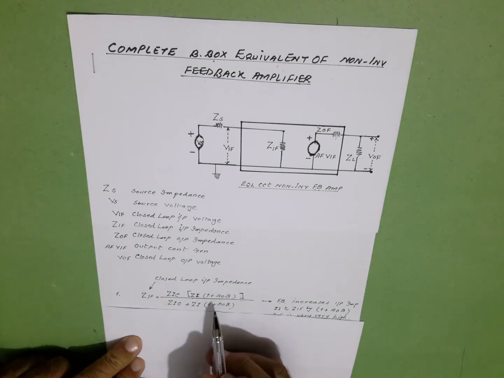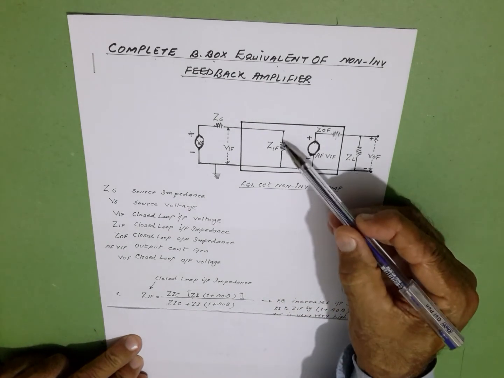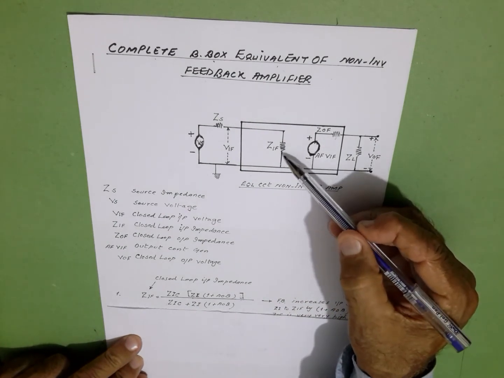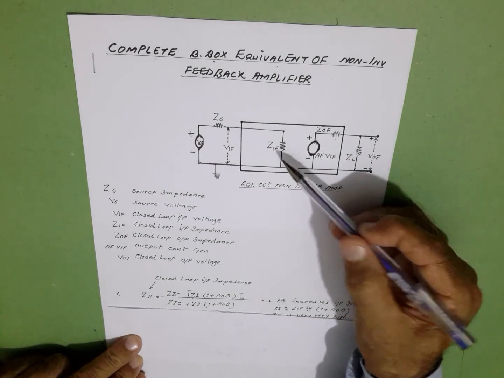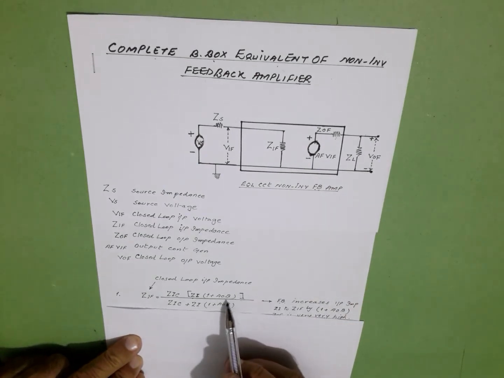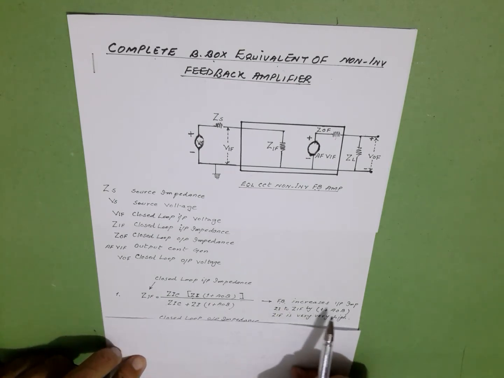See that when we are giving feedback, this was ZI previously. Now ZI is increased to ZIF by 1 plus A naught beta, and it is very high. Feedback increases input impedance ZI to ZIF by 1 plus A naught beta.